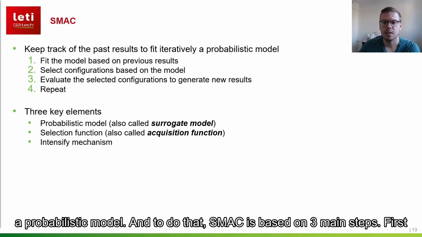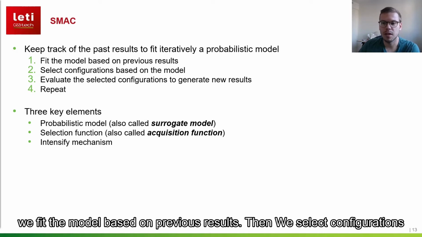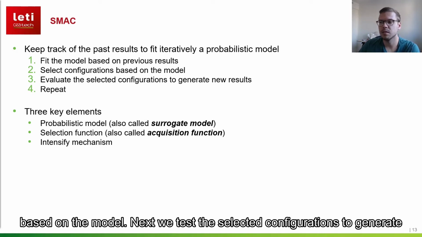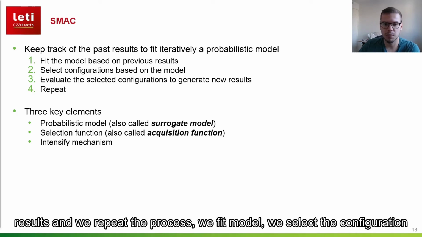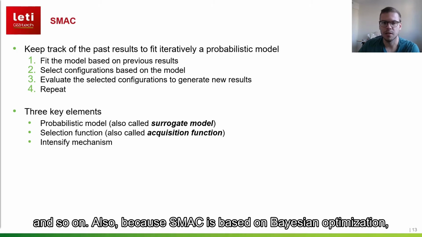And to do that, SMAC is based on 3 main steps. First, we fit the model based on previous results. Then we select configurations based on the model. Next, we test the selected configurations to generate results, and we repeat the process. We fit the model, we select the configuration, and so on.